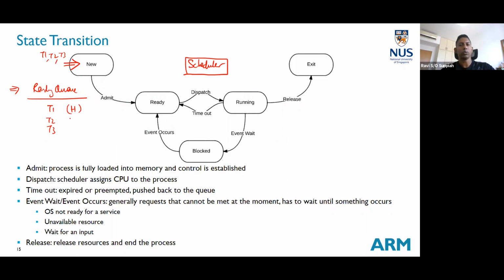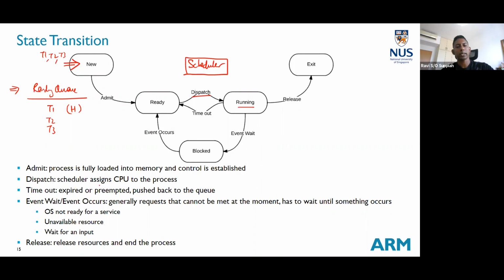In this case, task 1 is the highest priority, so the scheduler will automatically take the task in the front of the queue and dispatch that task to go into the running state.